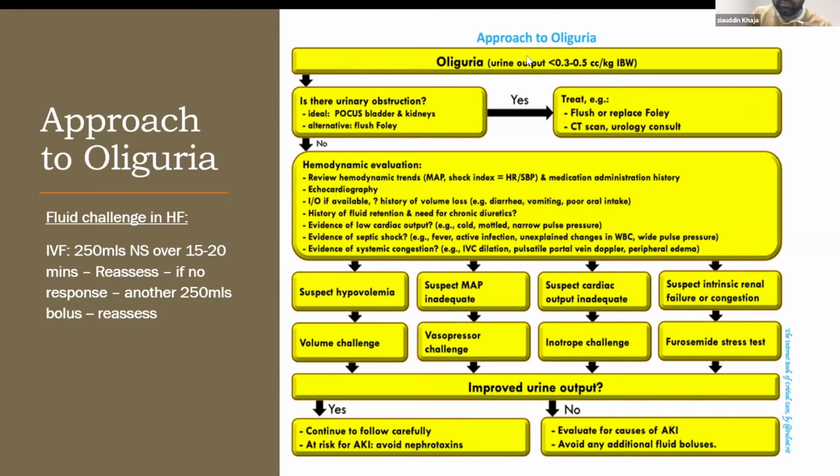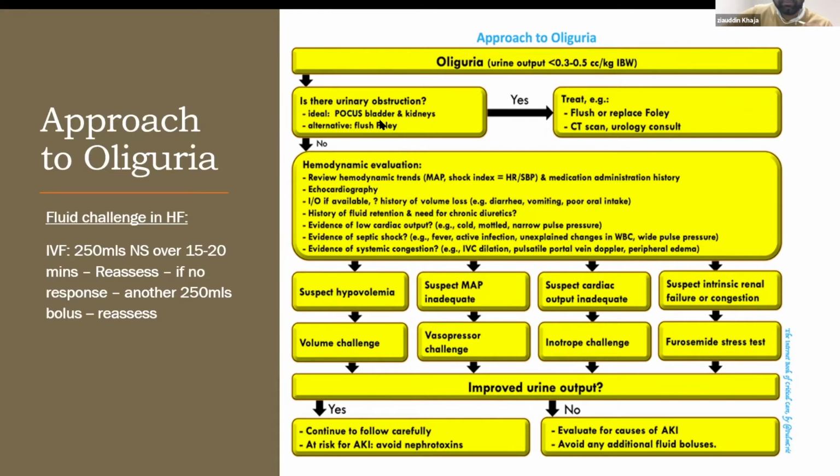So if somebody's coming in with oliguria, and especially a significant decrease in urine output, the top thing to think about is whether there is any obstruction. Now with the ultrasound available so easily, just put the ultrasound probe and see if the bladder is swollen up, and if there is a lot of urine in there already.